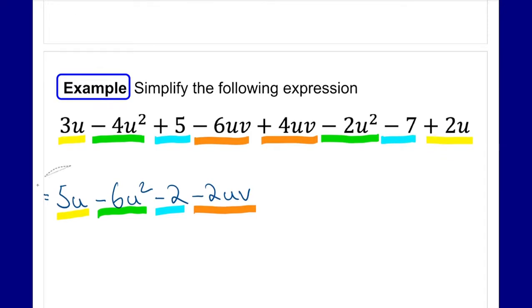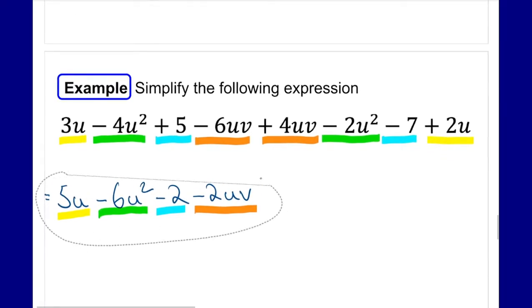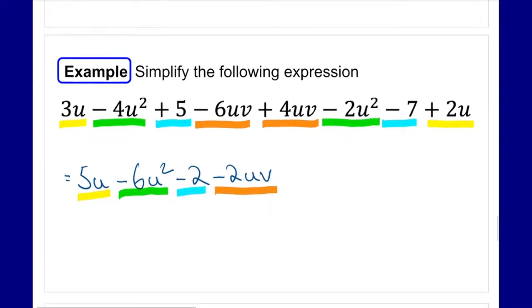Let's move this over a bit. So again, once we've collected our like terms, we can always do a final check. Do I have any other pairs of like terms in my expression? I do not, so that means that I've simplified it as much as I can.